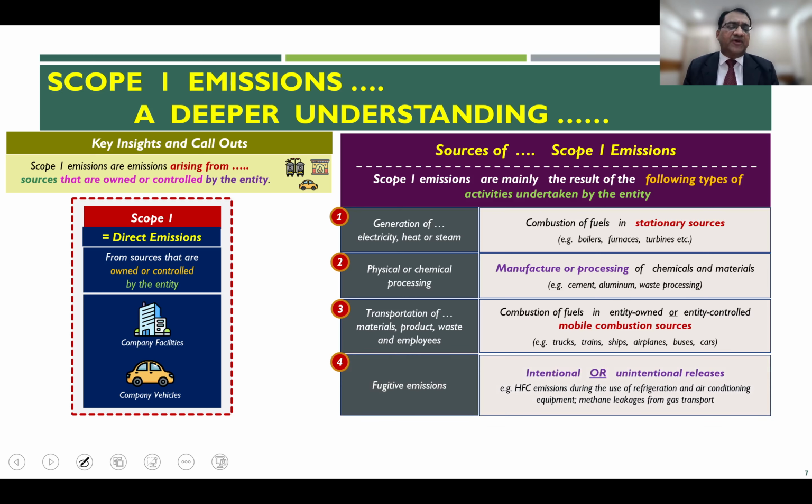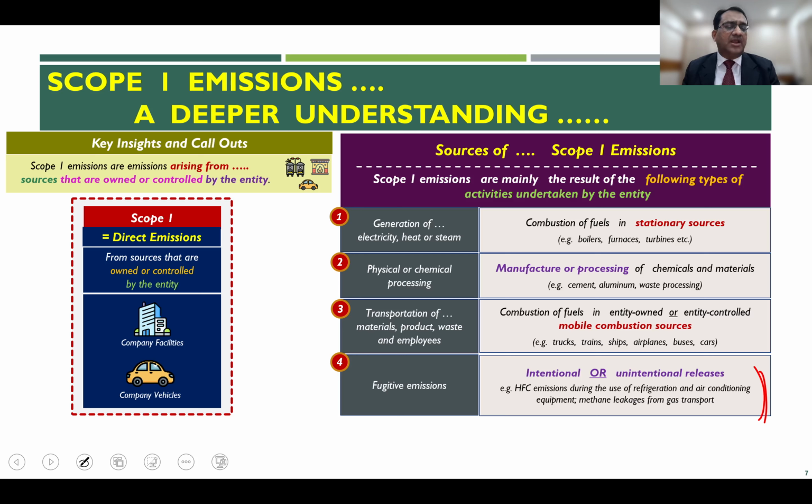And then the fourth category, which falls within the scope of scope 1 emission, is the fugitive emissions, which is either intentional or unintentional release of the greenhouse gases, mainly like the HFCs emissions during the use of refrigeration or air conditioning.